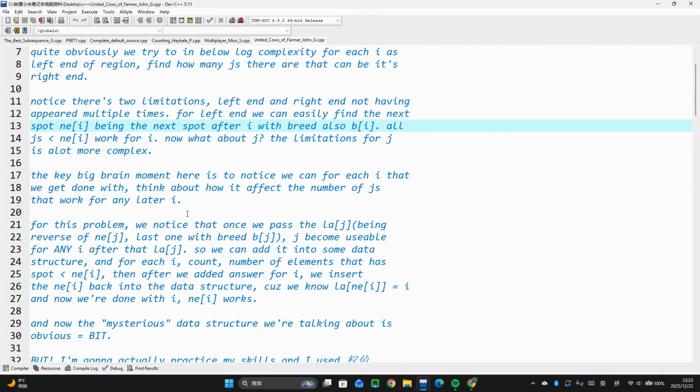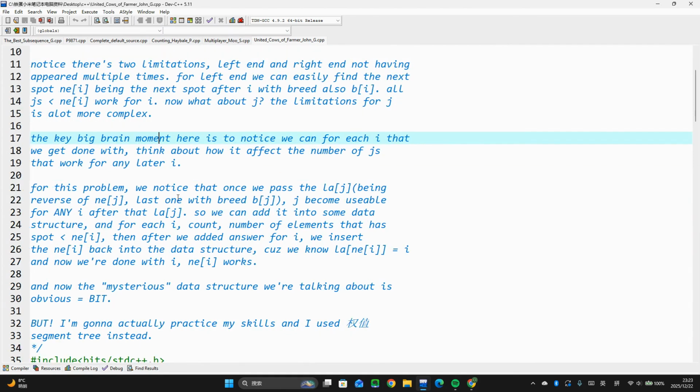And here's the big brain moment that actually just took me like 5 minutes, I think. I clearly remember doing this problem really fast. It's the fact that after we move past each I, we free up quite a few J's, and these J's can be very easily counted with a data structure.